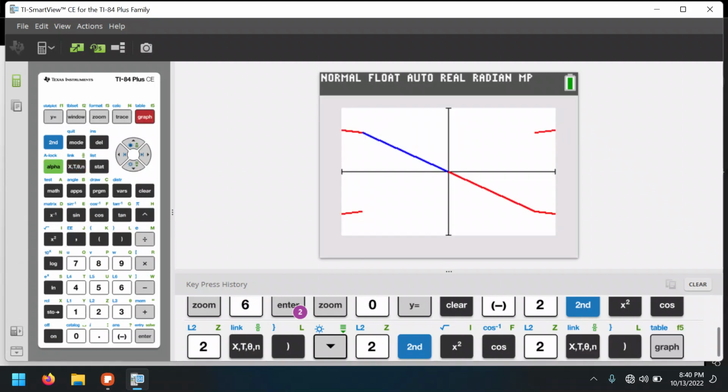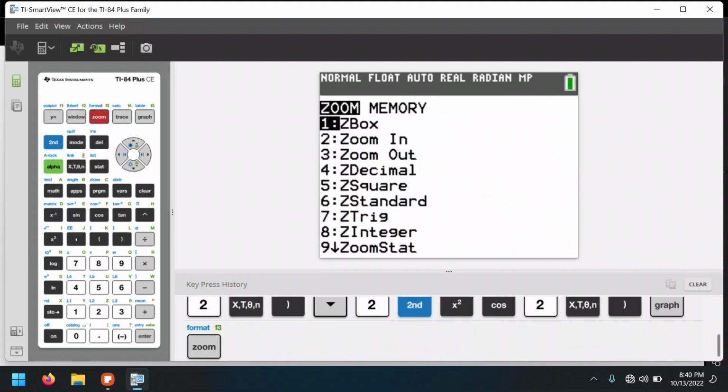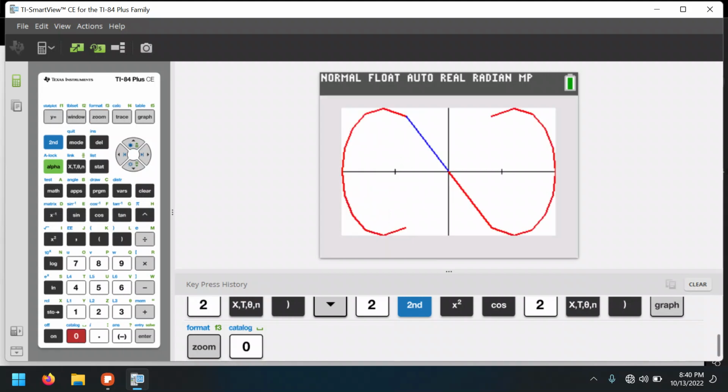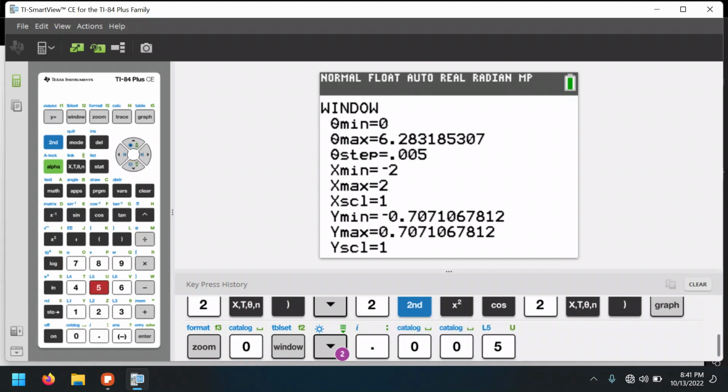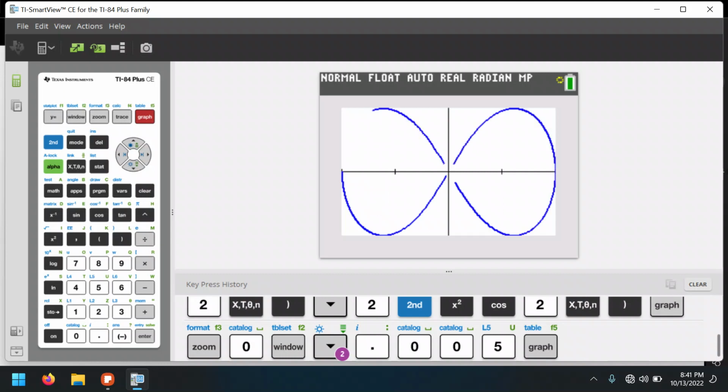Okay, so let's graph. Unfortunately, it's not going to give us the entire graph, so let's do zoom fit. In order to fix this issue, let's go to the window, and for the theta step, we're going to ask the calculator to plot more points by having smaller steps, 0.005, and it's going to take some time.